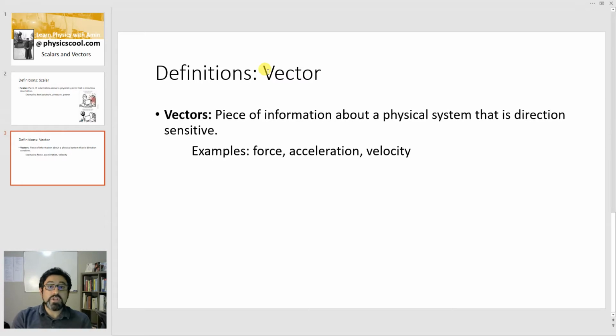And then if you read further, you'll find out that the wind is blowing from east to west or north to south or whatever. So these two pieces of information make up the information of vectors, the magnitude of the vector and the direction of the vector.